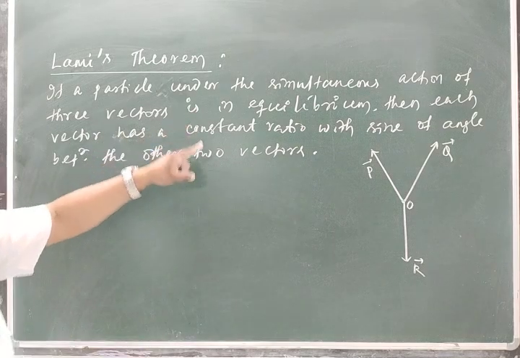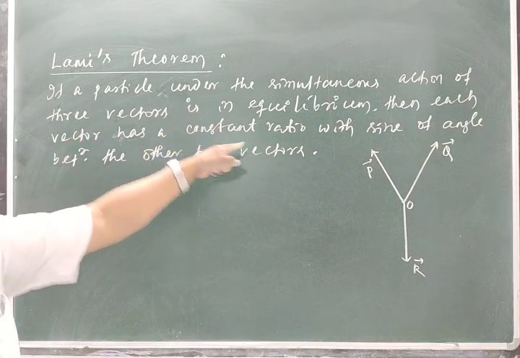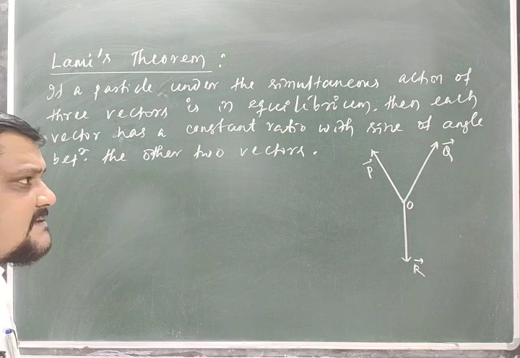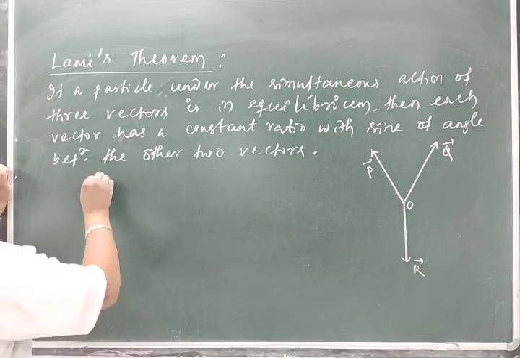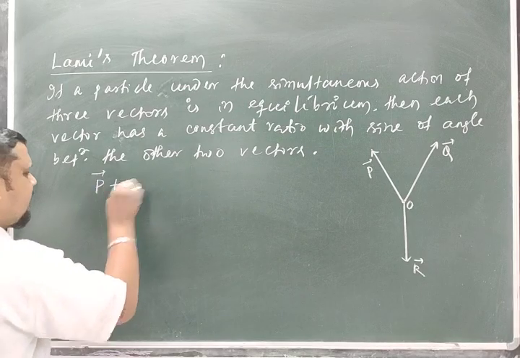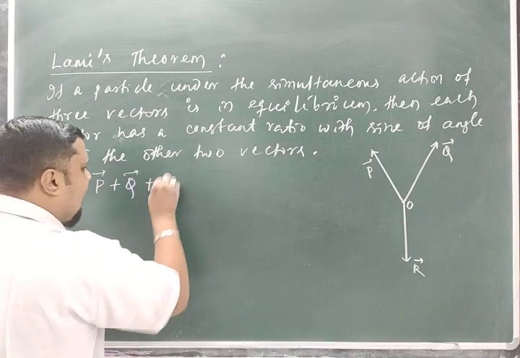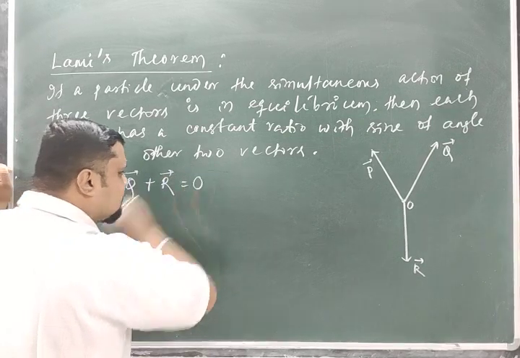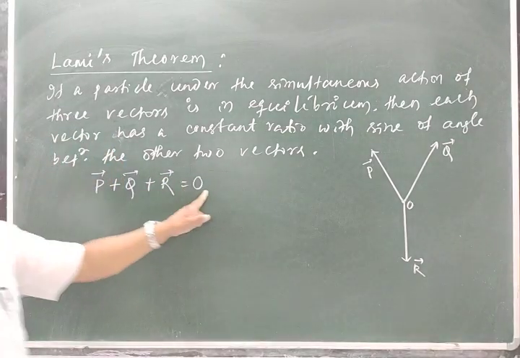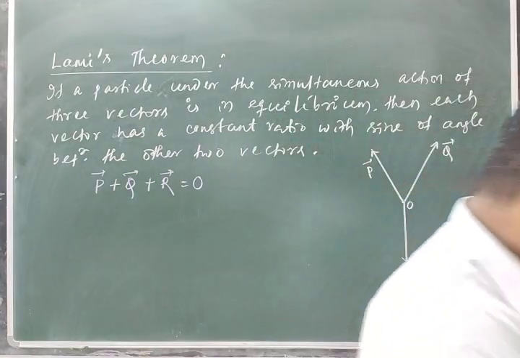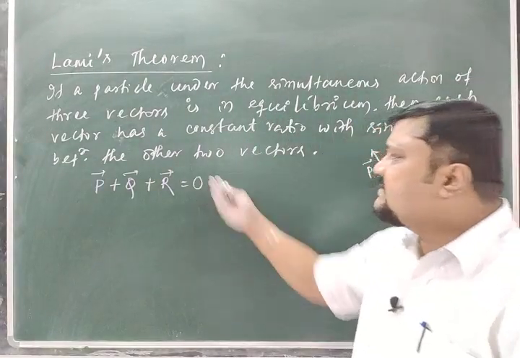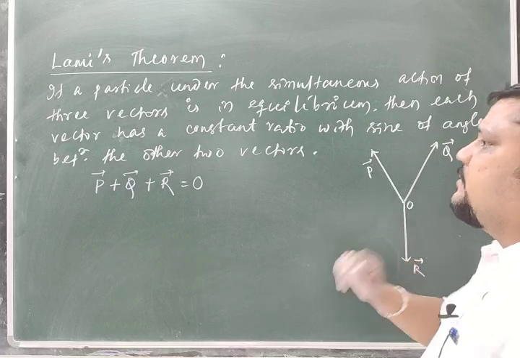Under the simultaneous action of three vectors, the particle is in equilibrium. It means if these are the three forces, the condition is that the vector sum P plus Q plus R is equal to 0. That you already know as the condition of equilibrium. So the particle is in equilibrium.